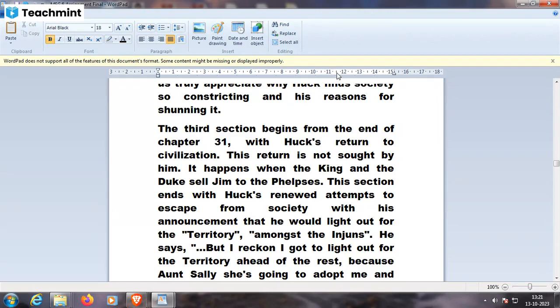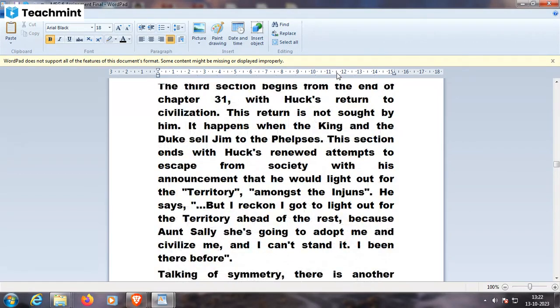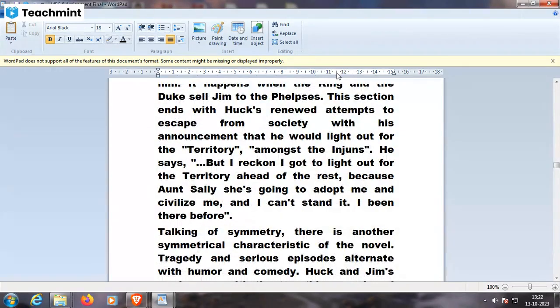Amongst the Injuns, he says, "But I reckon I got to light out for the territory ahead of the rest. Because Aunt Sally, she's going to adopt me and civilize me, and I can't stand it. I've been there before."